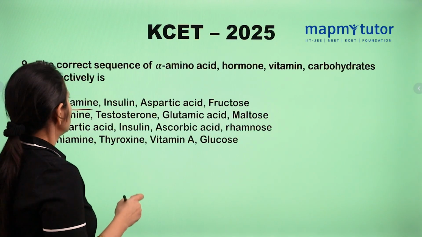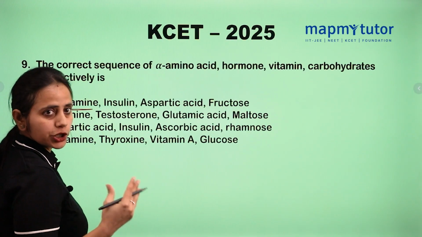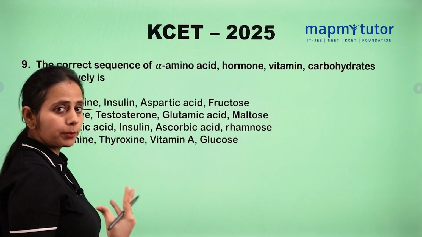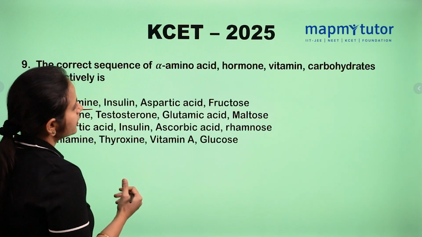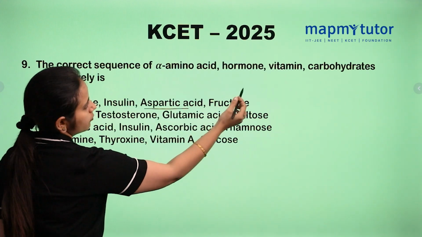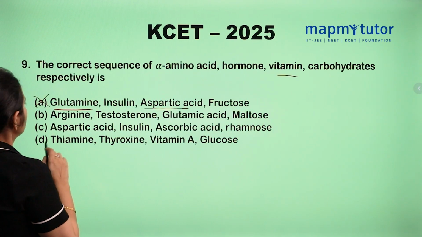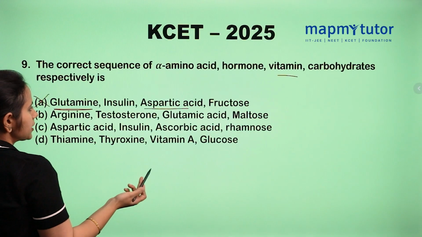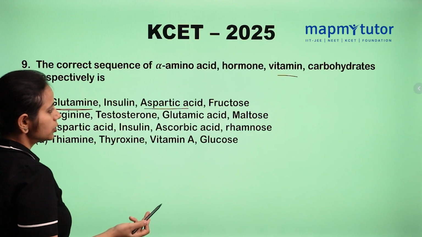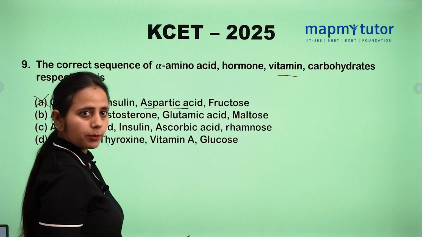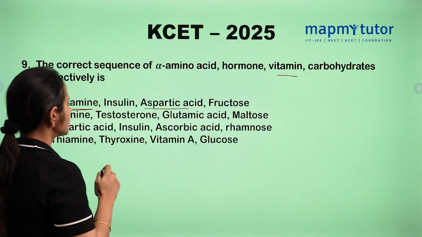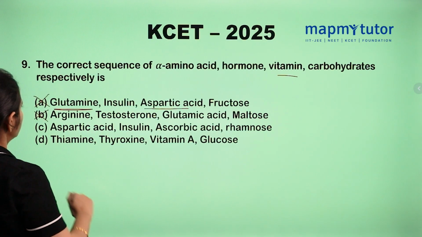Insulin is a hormone which absorbs blood sugar from the blood. Aspartic acid is again an alpha amino acid, but we need a vitamin over here, so this is the wrong option. Arginine is an alpha amino acid. Testosterone is a hormone. Glutamic acid is again an alpha amino acid, so B can't be the answer. So rule out.